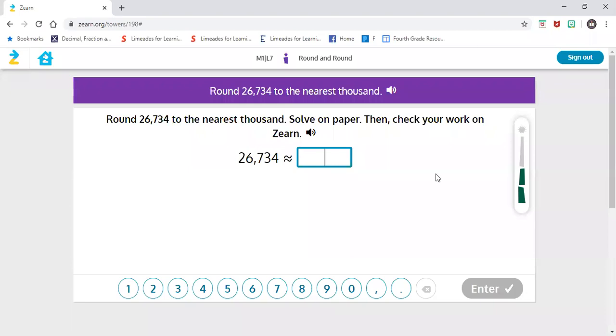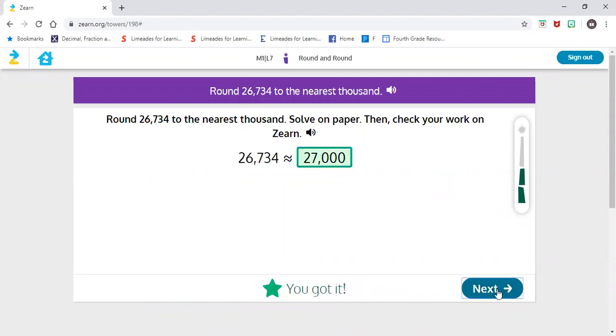So let's use this time to get out your paper, do your vertical line, and pause it here. All right. Hopefully you've gotten your answer. So we're saying that 26,734 is about 27,000. Good job, you got it.